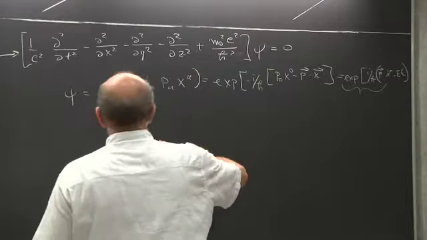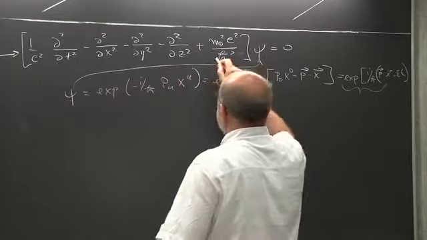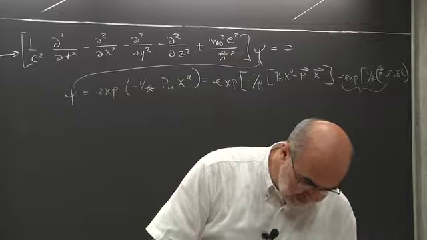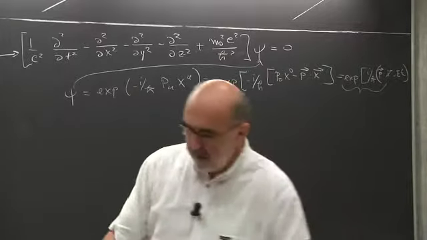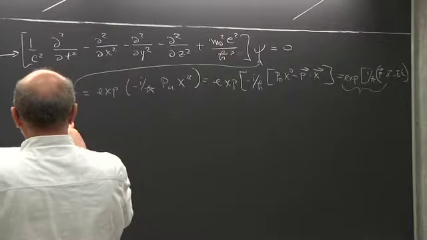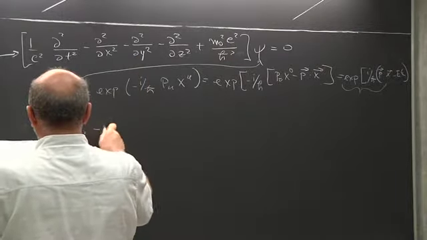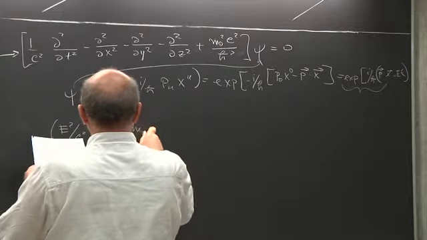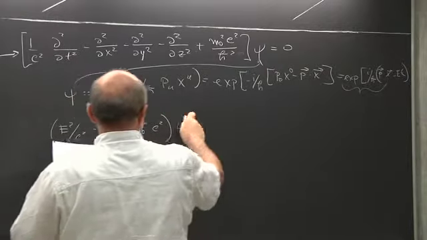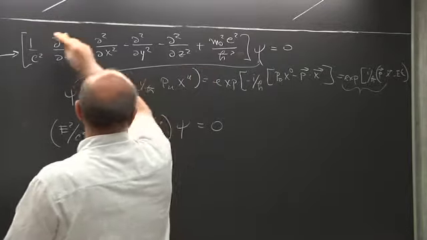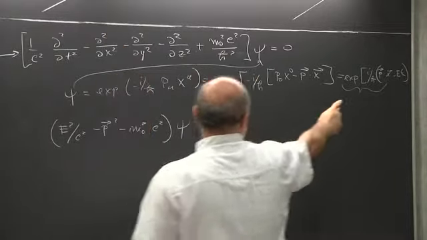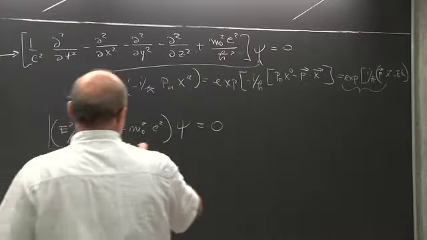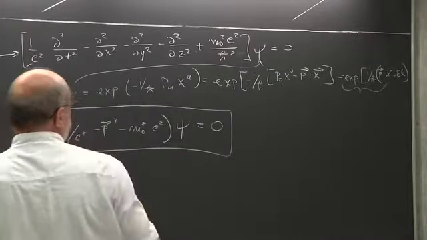We plug that in and do all the various derivatives. And what you get is the following: E squared over c squared minus p squared minus m0 squared c squared, times psi, equals 0. So the second derivative pulls down from there this expression. You see that it is a solution if this is identically satisfied.